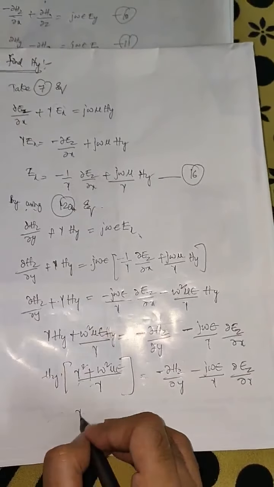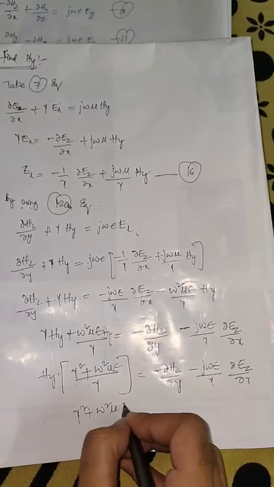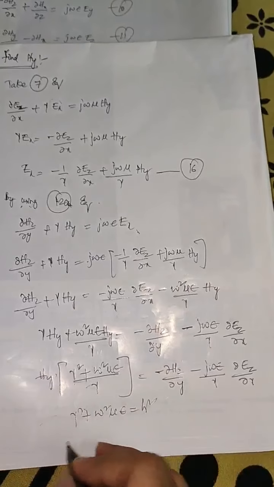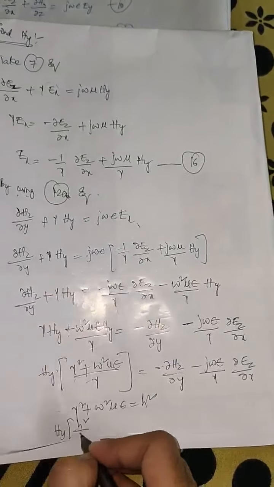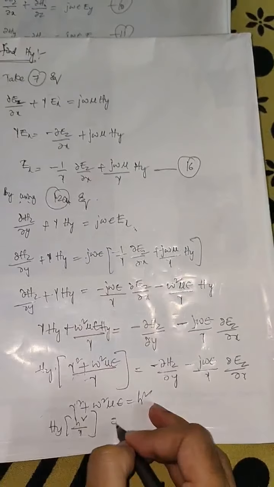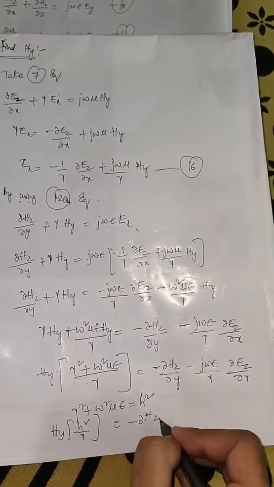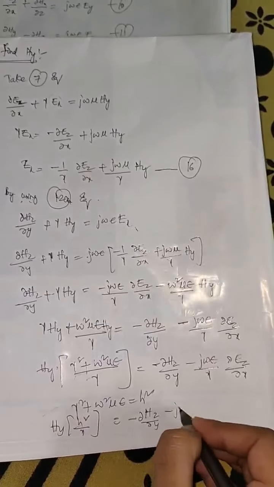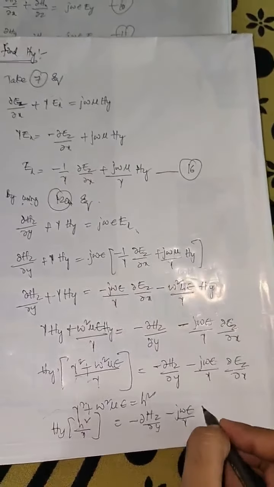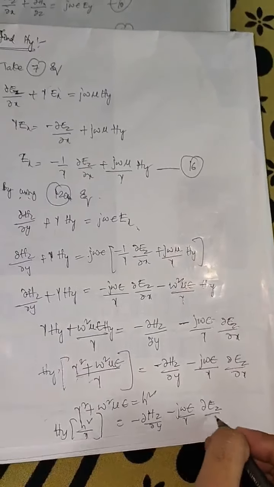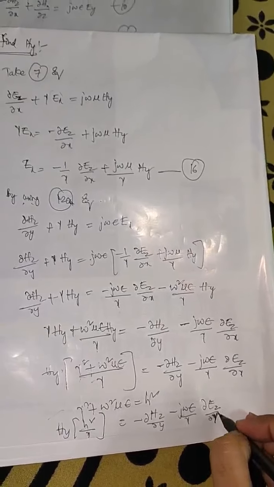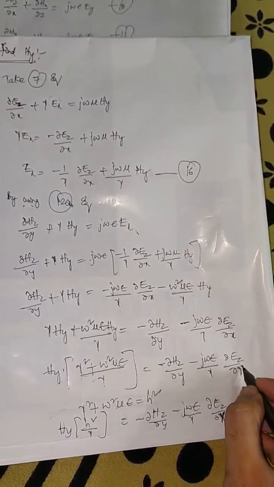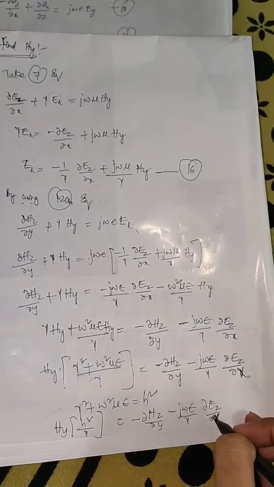You can write γ² + ω²με as h². Now substitute the value here: h²/γ Hy equals minus ∂Hz/∂y minus jωε/γ ∂Ez/∂x.